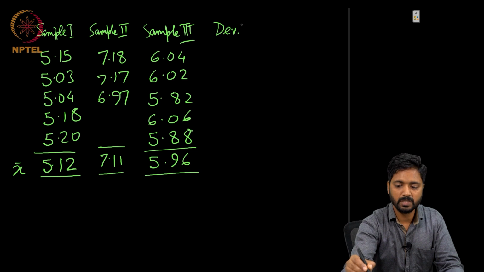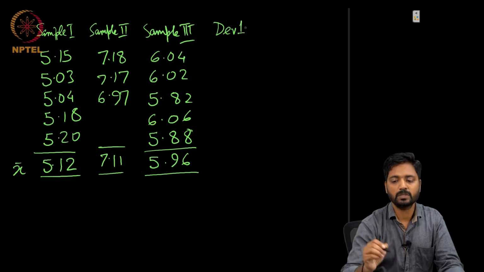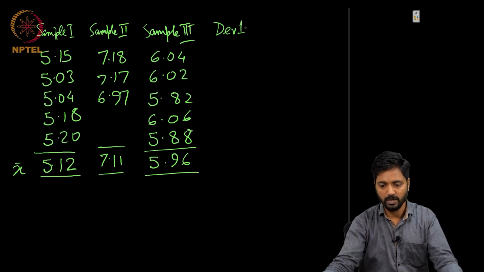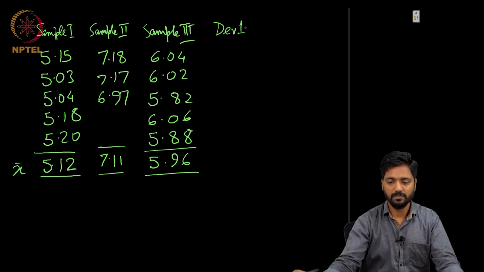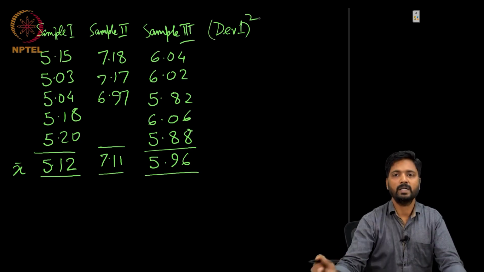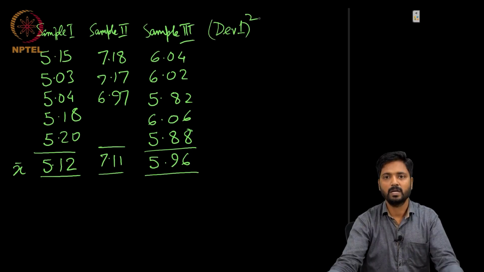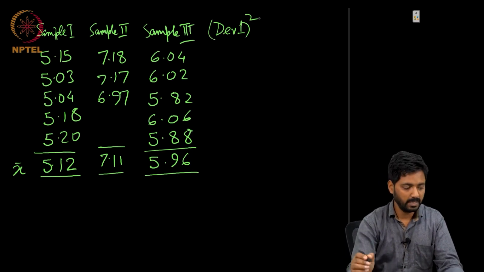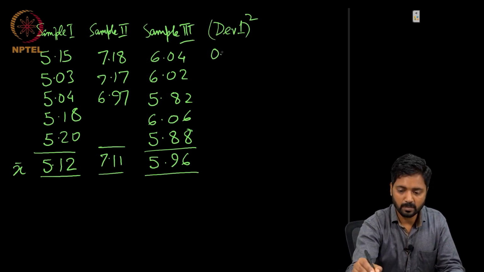Now, if I calculate the individual deviations, for example for sample 1 we talk about deviation 1, then these deviations can be squared for calculating the S pooled value.